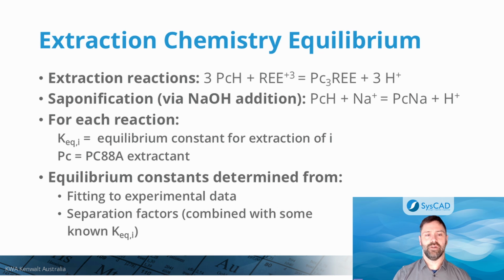Once the extraction reactions for neodymium and praseodymium were known from isotherm data, separation factors were used to estimate the equilibrium constants for the remaining rare earths. It is notable that these reactions are written independently of the type of acid. Thus, the equilibrium constants obtained should be equally applicable in chloride, sulfate, or nitrate solutions.